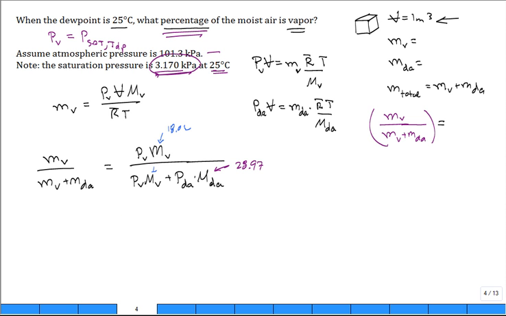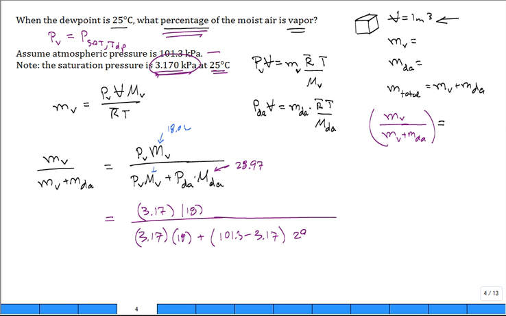So what we find is it's 3.17 kilopascal times 18 divided by 3.17 times 18 plus 101.3 minus 3.17 times 29. All those numbers look good to you? So when we run this, we find that this is right at 2%.